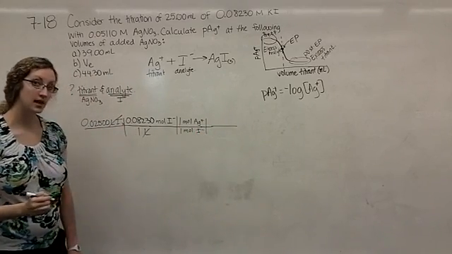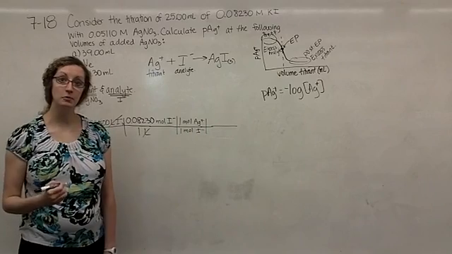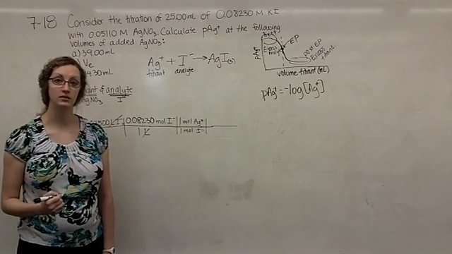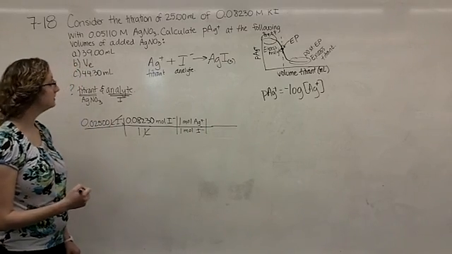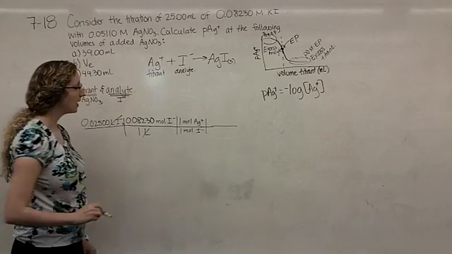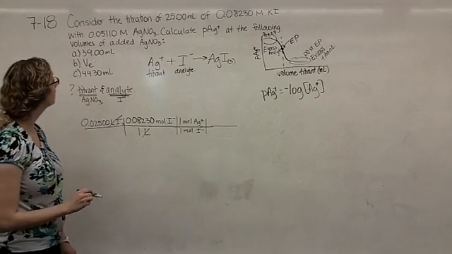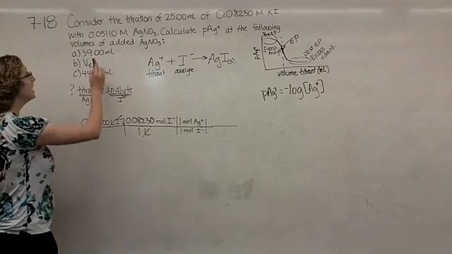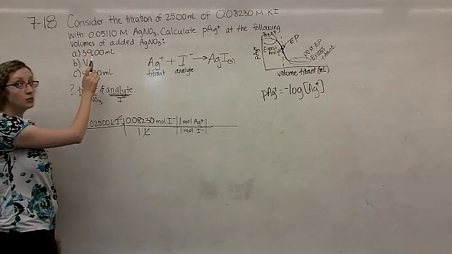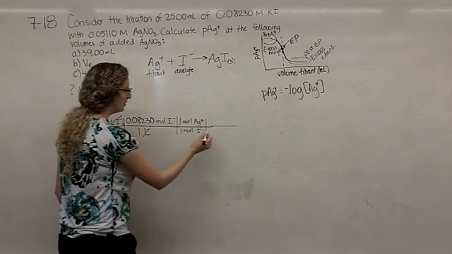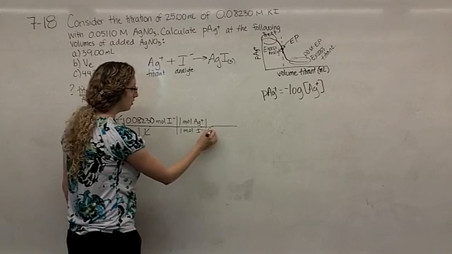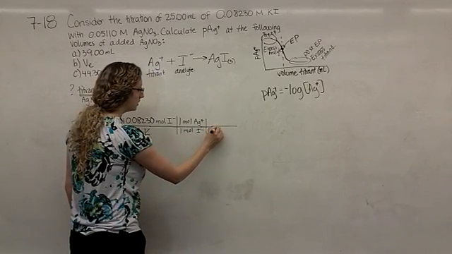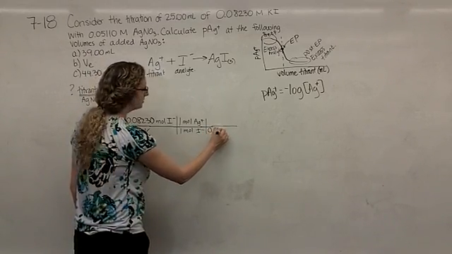And then the last thing that we need to find is, remember, we want to find the volume at the equivalence point. So the volume is going to be determined by the concentration that we have. And the concentration is given as well, and that's 0.05110 molar. So we have moles on the bottom, so we are going to write the concentration here as shown.